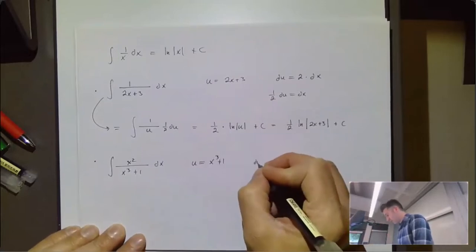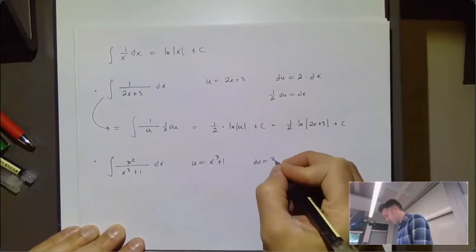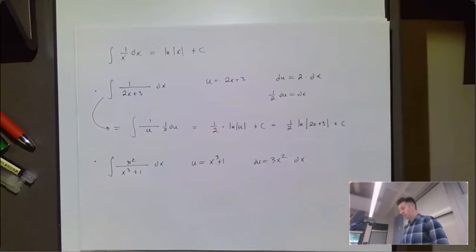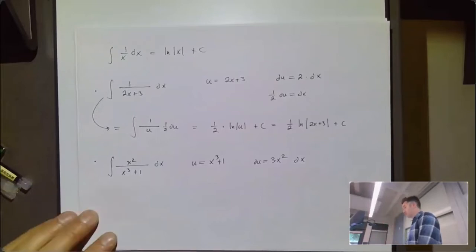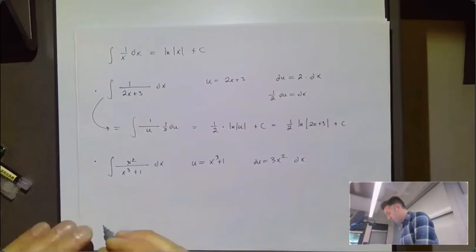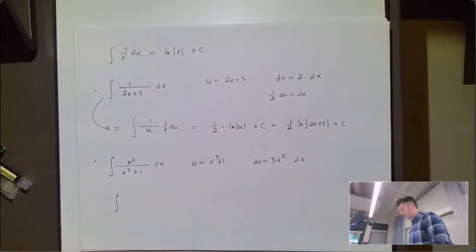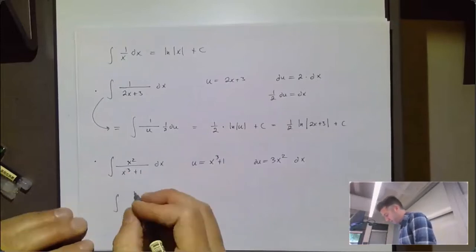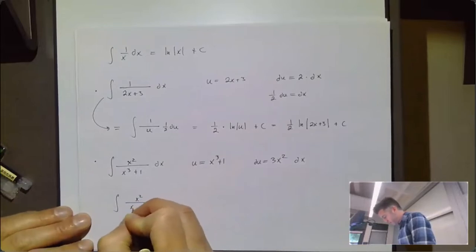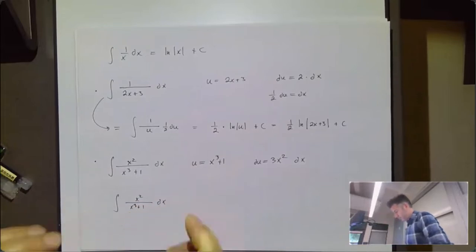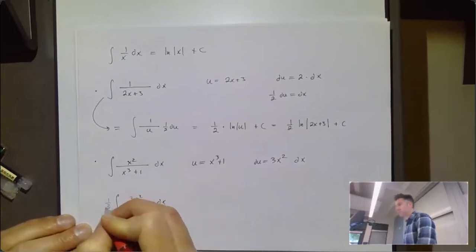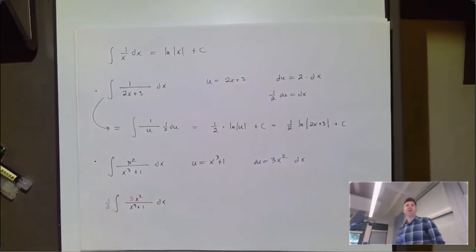And our du is going to be 3x squared dx. And just for a change of pace, I'll do this one in the way where I wish I had the thing that I want, where I'm going to take my integral here and multiply by both a 3 and a 1/3, just in case you like doing it that way better.